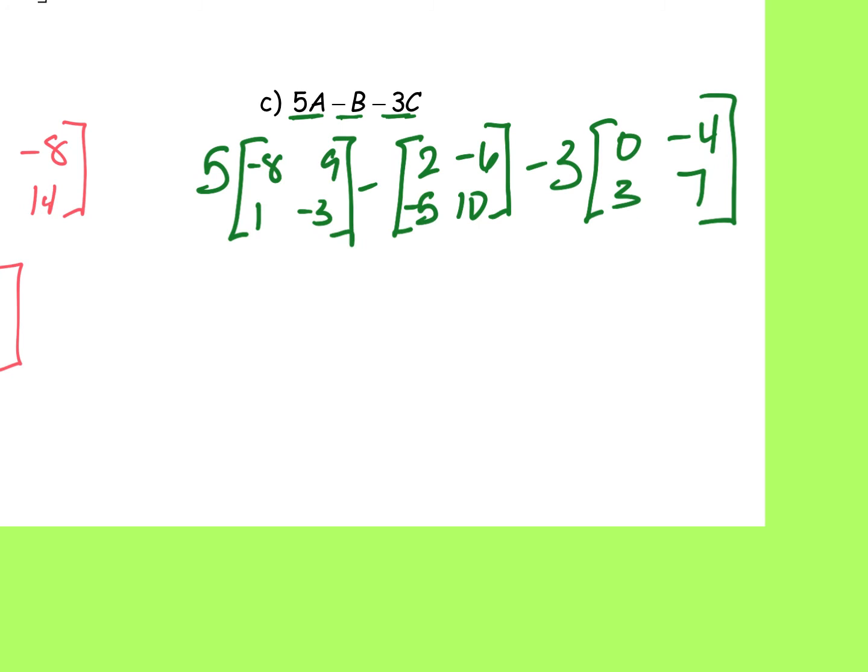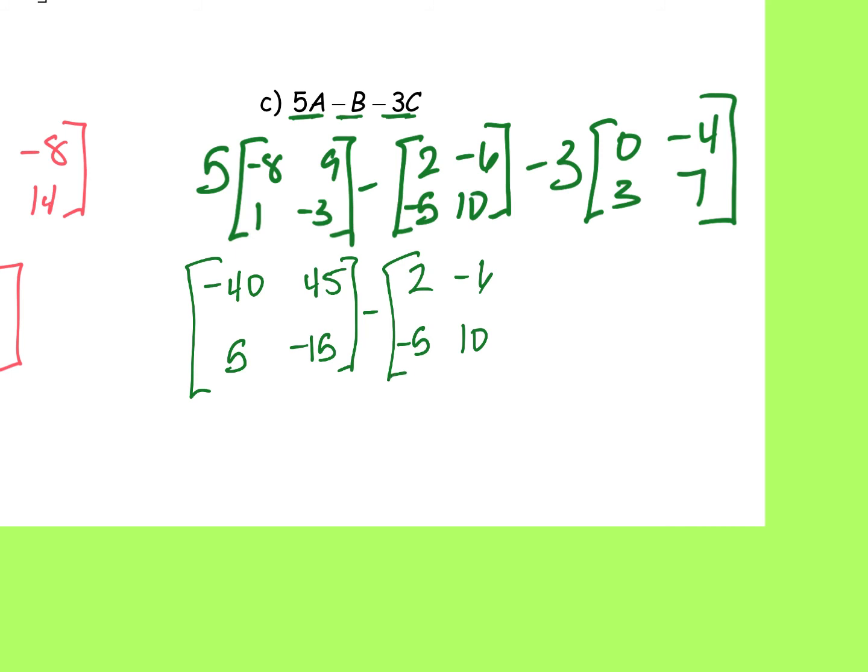5 times -8 is -40. And then 45, 5, and -15. Minus 2, -6, -5, and 10. And then minus, I'm going to keep my minus sign there.